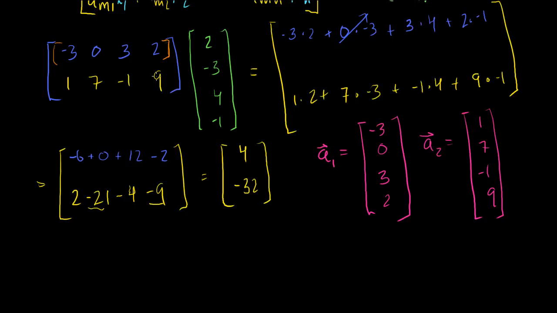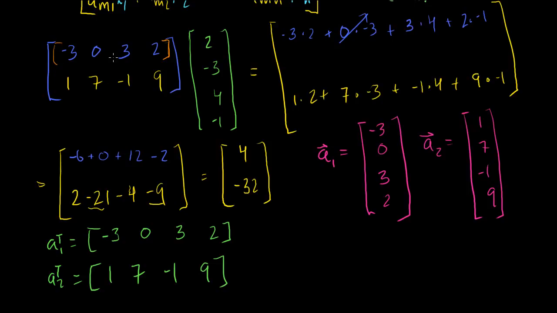So what we can define to turn these guys into row vectors is the transpose function. And transpose, you just turn the rows into columns and the columns into rows. So if this is A1, then A1 transpose will just be the row version of this. So it's -3, 0, 3, 2. And then A2 transpose would be equal to 1, 7, -1, and 9.